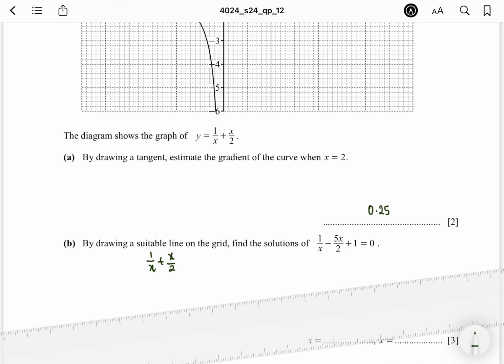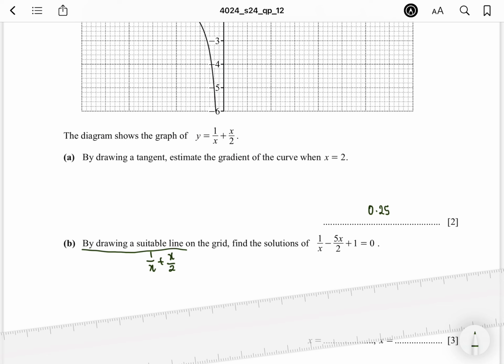So if you, by any chance, use the quadratic equation, solving the quadratic equation cannot. Why? Because there must be evidence that you draw a suitable line on the graph. So there's no working for solving.